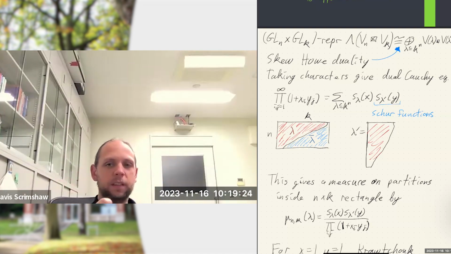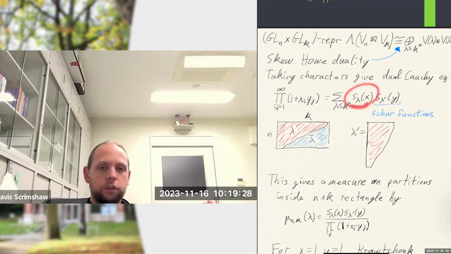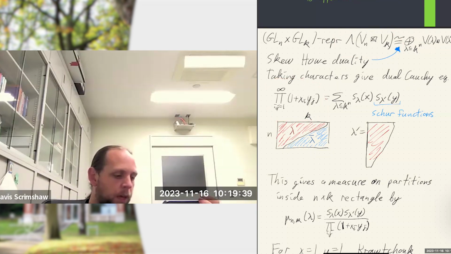What this basically amounts to is each irreducible representation goes to a Schur function. And coming from the exterior algebra side, you get a nice product formula, where i goes to n and j goes to k, not to infinity.